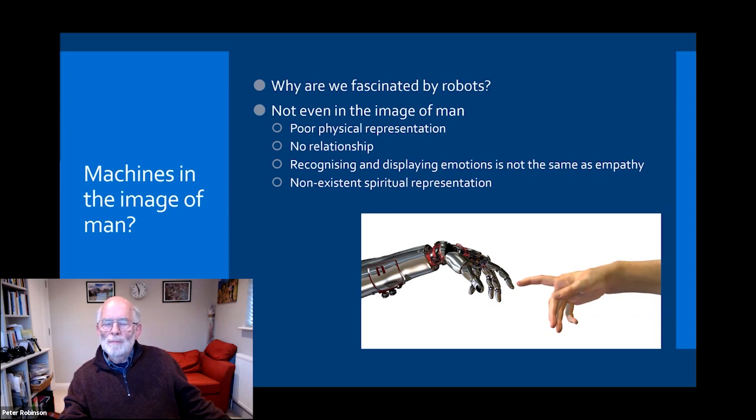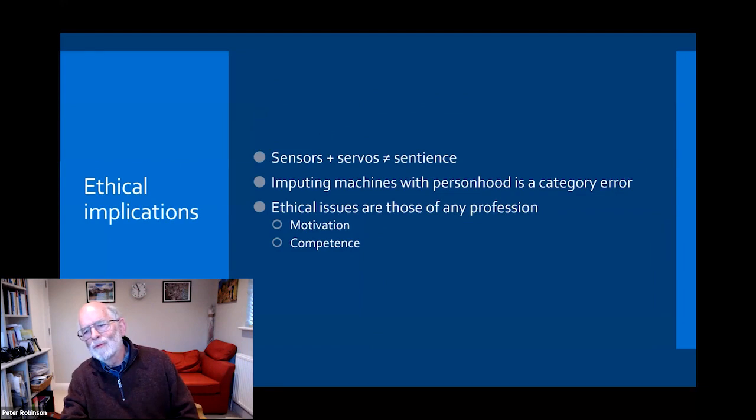It's not the same as empathy, and of course there's no spiritual dimension. So perhaps the interesting thing is that we don't have relationships with robots. And it's this question of sentience that is perhaps mistaken. We're imputing machines with personhood, which is just a mistake.